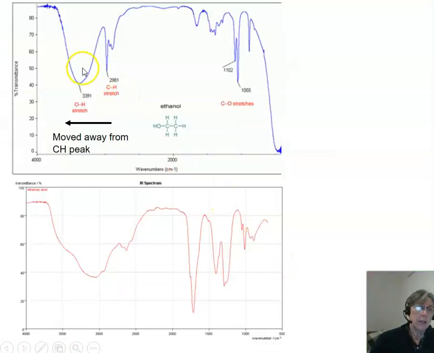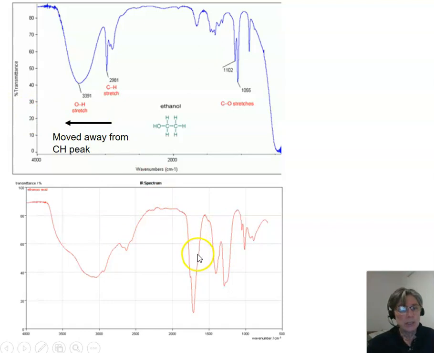Alright, so now I was saying we need to distinguish between the OH peak, the hydroxyl peak of an alcohol, and the hydroxyl peak of a carboxylic acid. So you can see that this peak has moved down. It's kind of a bit of an ugly sort of a peak, and it's merged with the CH peak. So the acid's further down and the alcohol's further away.